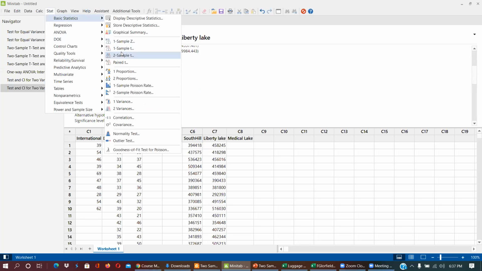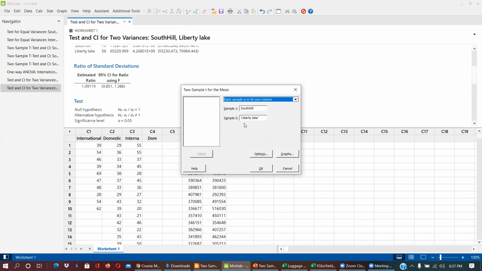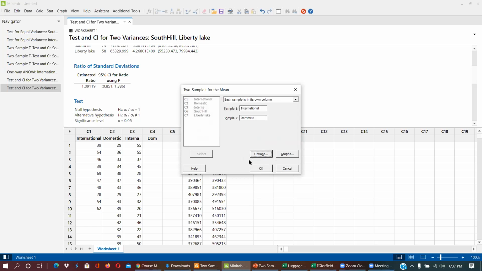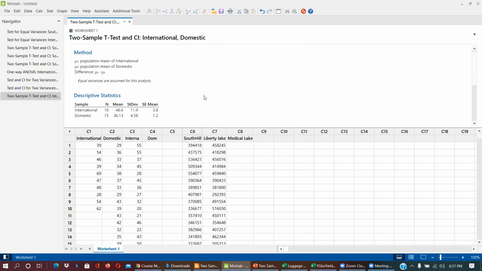So for example, this is 2 sample t, and the difference is greater than or equal to 0.